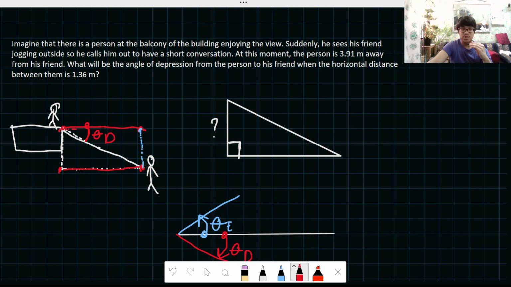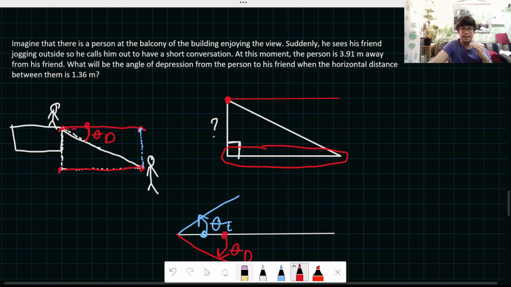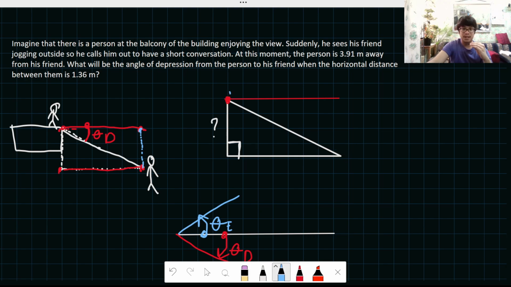One is a parallel side of its horizontal, starting from this tip here. And at the same time, here we will have its vertical parallel side from this position, then going there. And here we can now form an angle of depression from this going here. So this is your angle of depression.